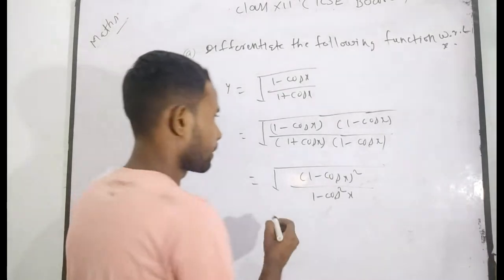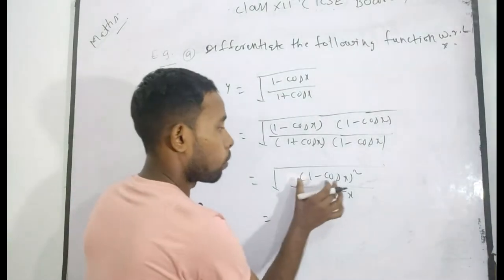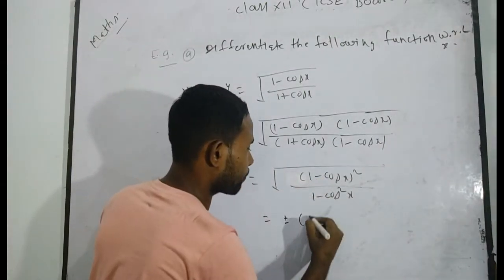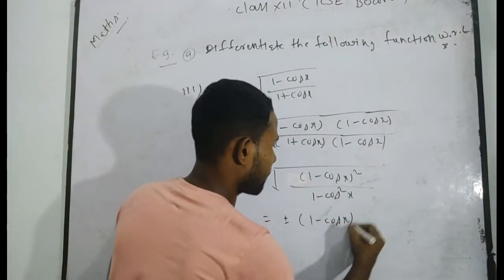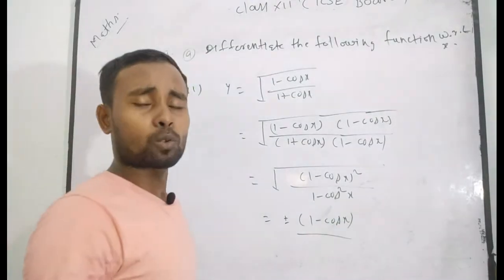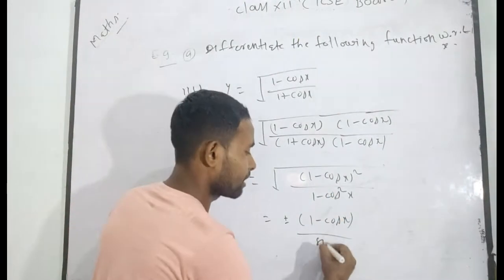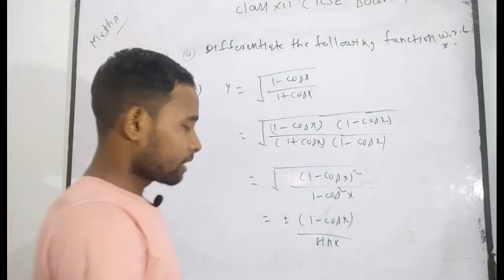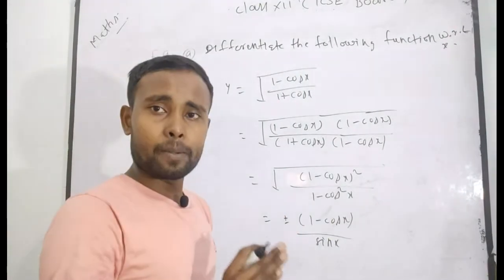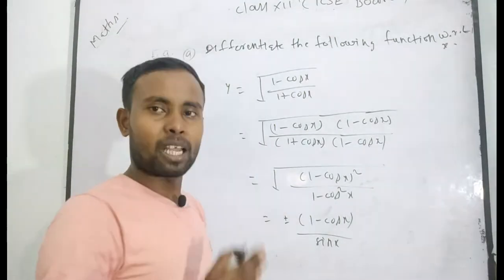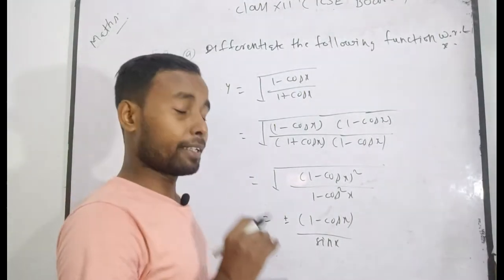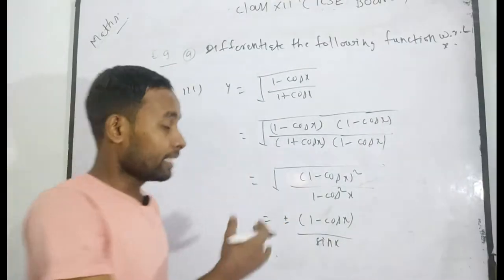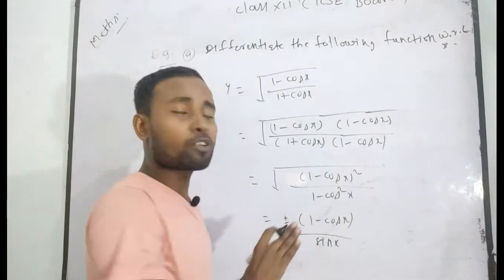Now, (1 minus cos x) whole square, can you take it outside with plus minus form? (1 minus cos x) whole square divided by 1 minus cos square x, which is equal to sin square x. So can you write here sin x? I suggest you, the given problem will be differentiable everywhere, because it asks you directly to differentiate.